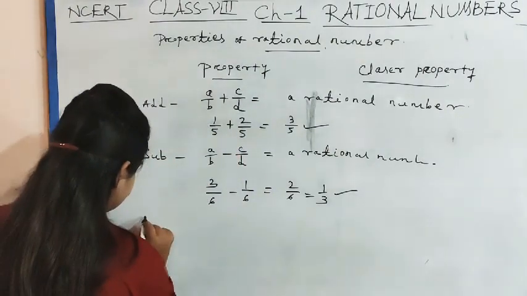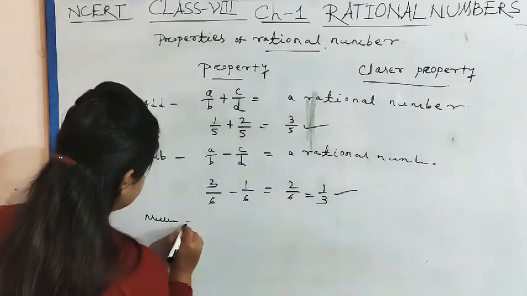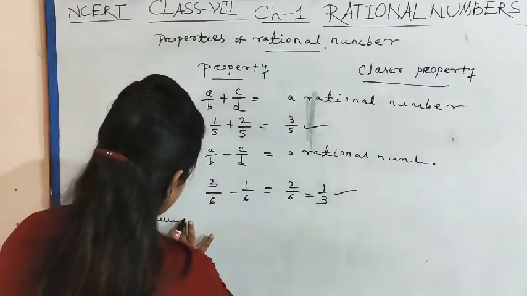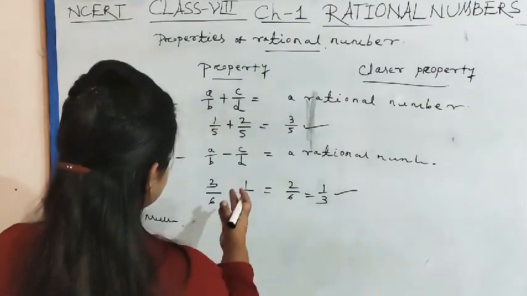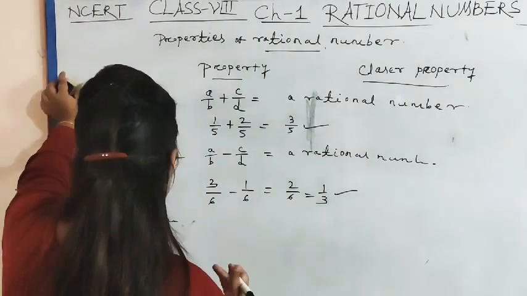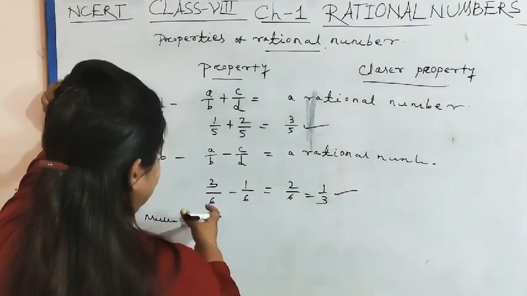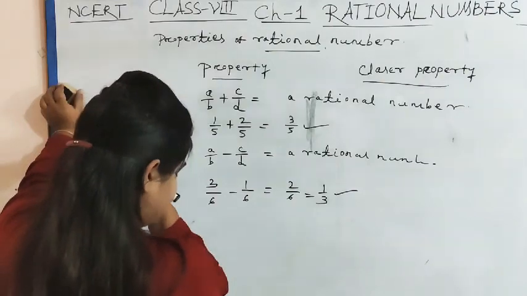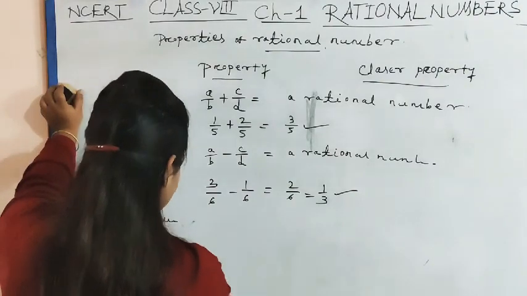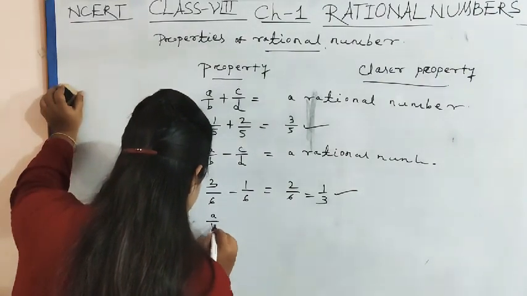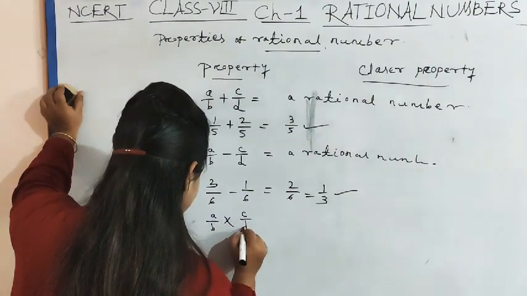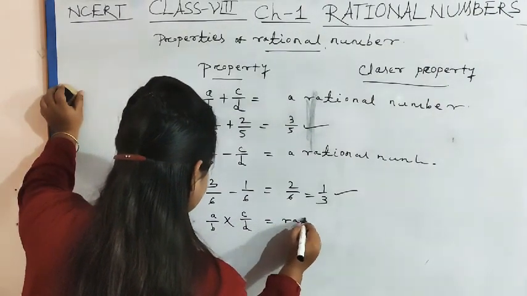The next is multiplication. If A by B is a rational number and C by D is also a rational number, any rational number, you are not bound to take only one number, then the product is also a rational number. So A by B multiplied by C by D is a rational number.